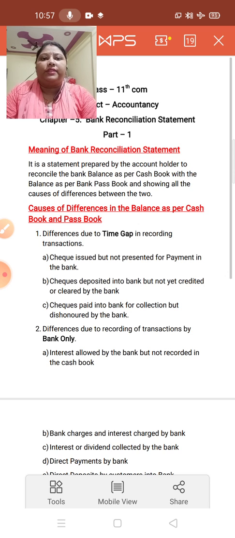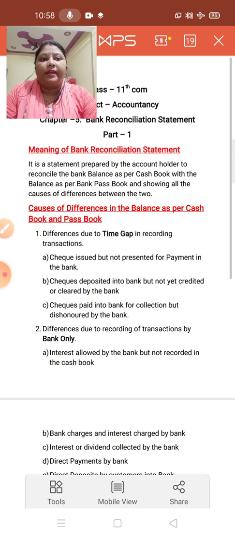As all the transactions entered with the bank are recorded in both the books, there should be no difference. The balance shown by the bank column of the cash book and the passbook should be the same. But usually these two balances do not agree.